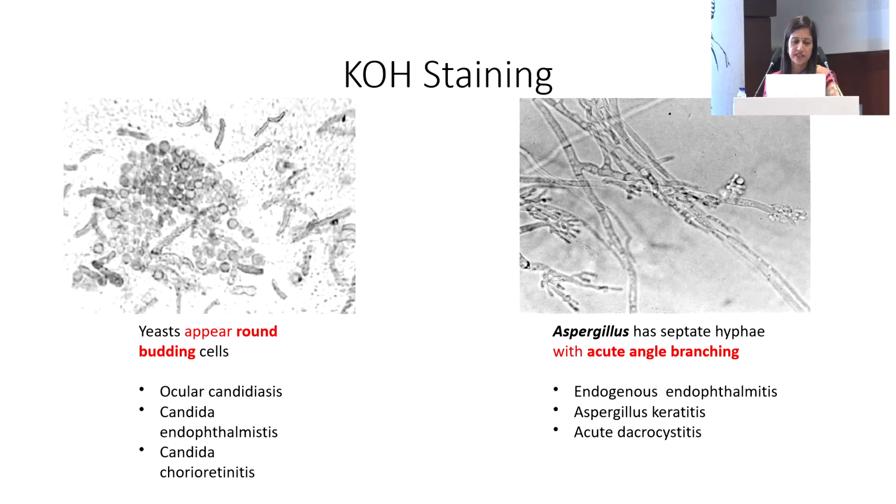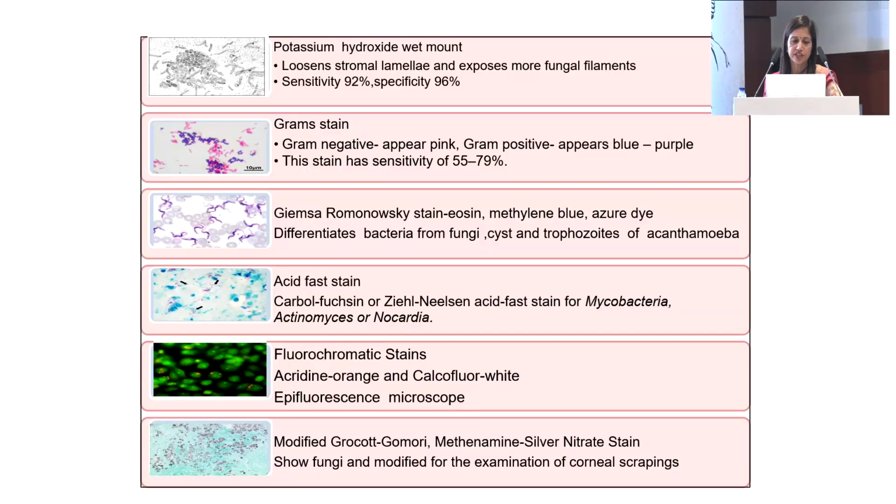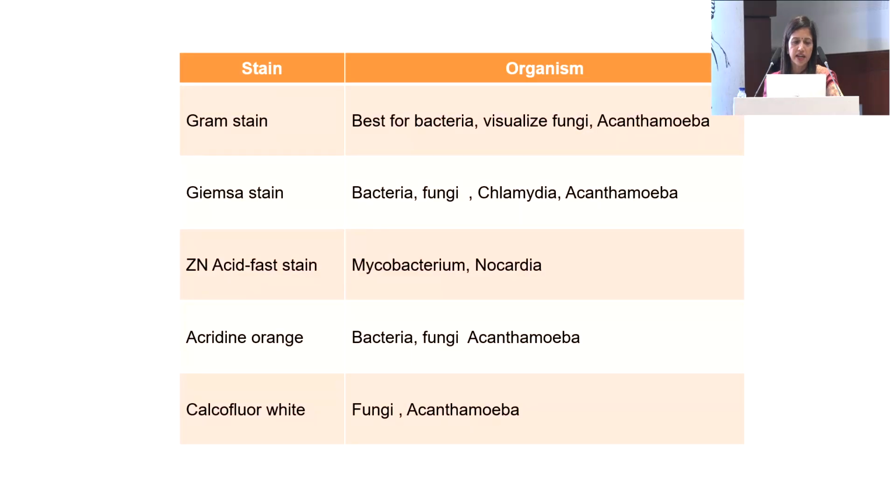So this is the picture of how yeast and aspergillus look on KOH staining. And these are other stains, with respective pictures, like Gram stain and Giemsa. Gram stain is best for bacteria, and it can also visualize fungi and acanthamoeba. Even microsporidia can be seen in this.